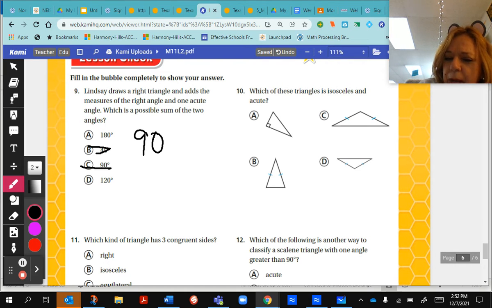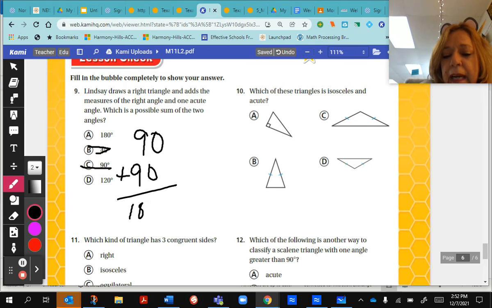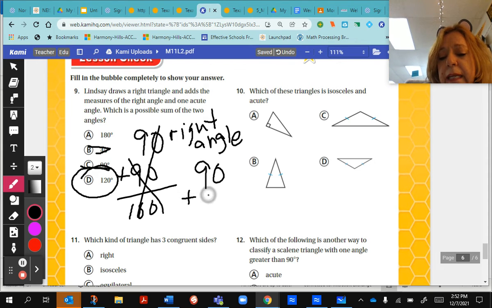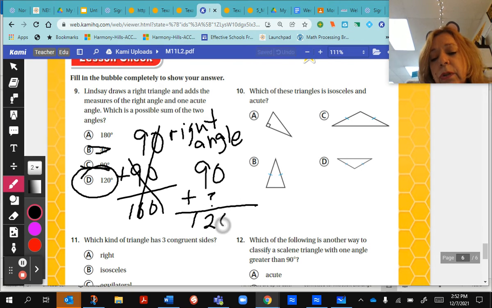It can't be 180 because that means I would have 2 90-degree angles, and it said I had only one right angle. So my only possibility would be D, 120. So I'm going to have one right angle at 90 degrees plus whatever this is, it's got to be less than 90. That will equal 120. So what would it be then? Yeah, it's going to be 30 degrees.